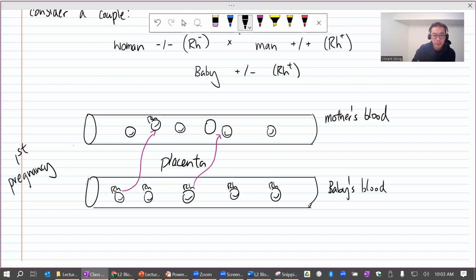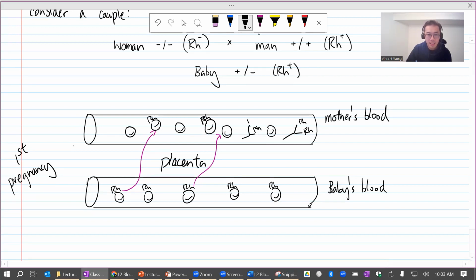So what will this do to the mother? She is going to be, what's the word? Sensitized. That's right, Megs. She's going to be sensitized. What does that mean? It means her immune system is going to be activated now, and she will start to make anti-Rh antibodies.